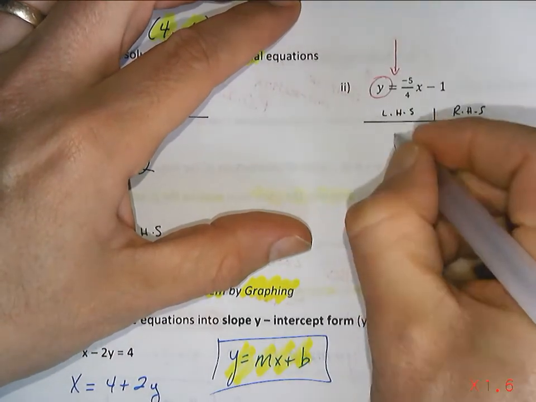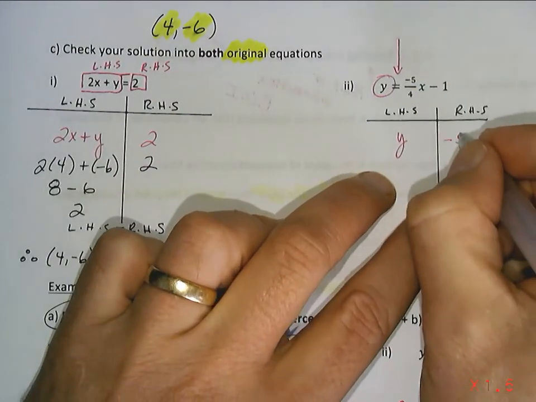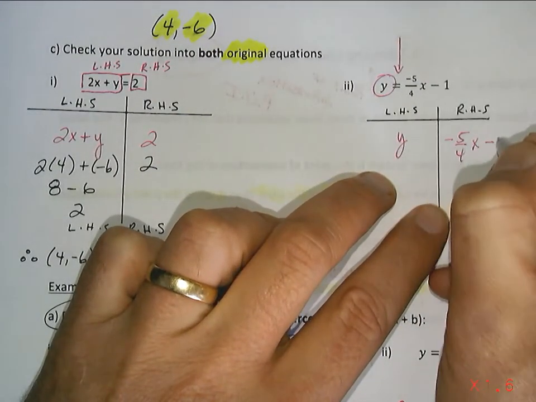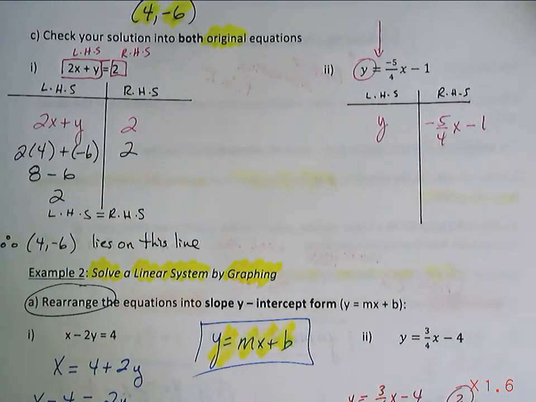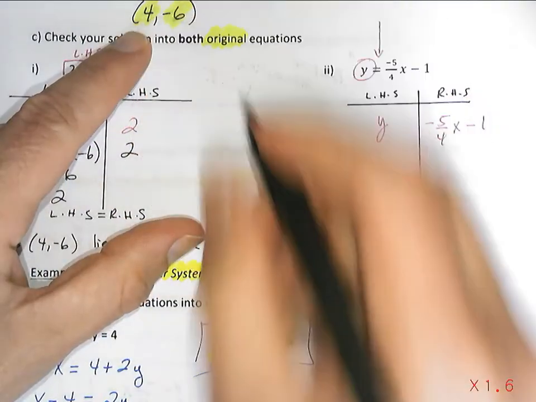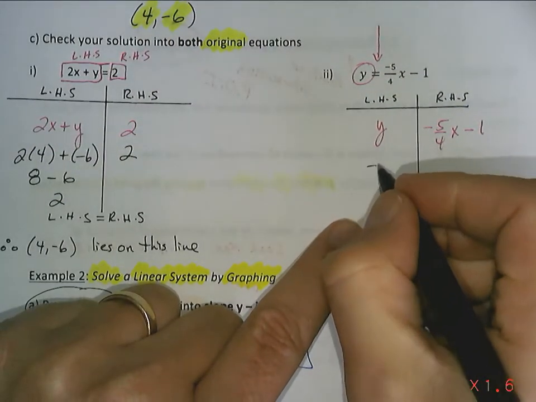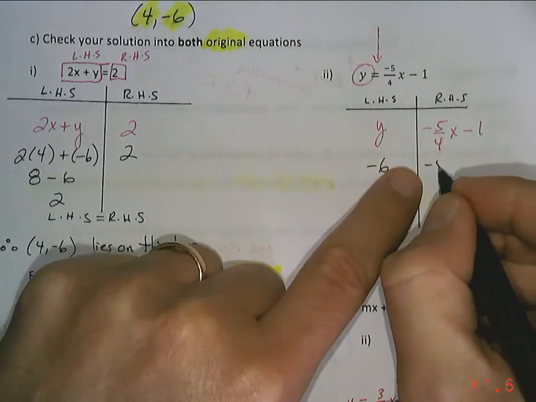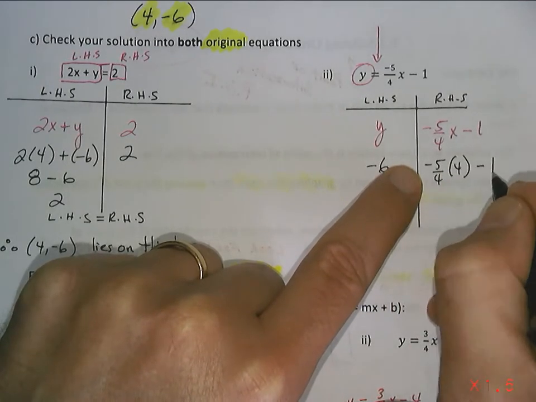So the left-hand side is y, and the right-hand side is negative 5 over 4 x minus 1. Now, what am I checking? I'm checking that when x equals 4, y equals negative 6. So instead of y, I'll put in negative 6, and I'll put in 4 for the x.